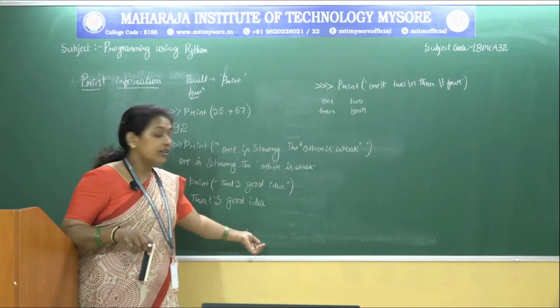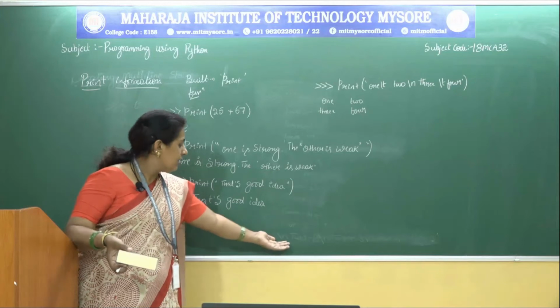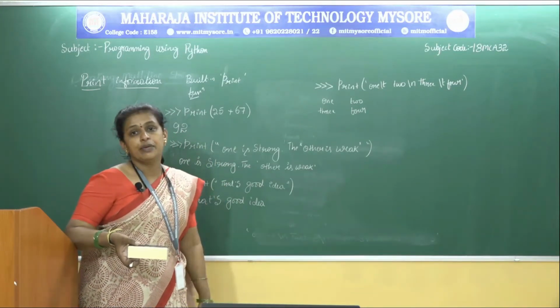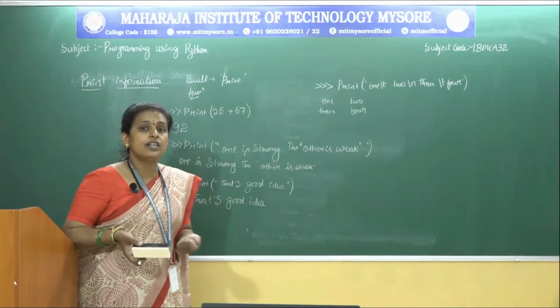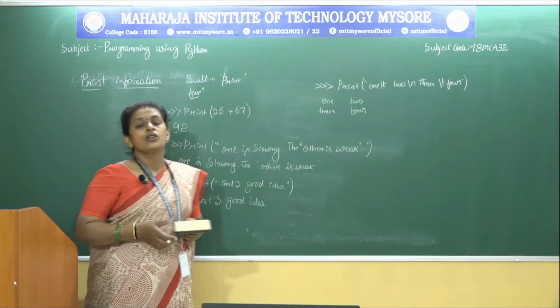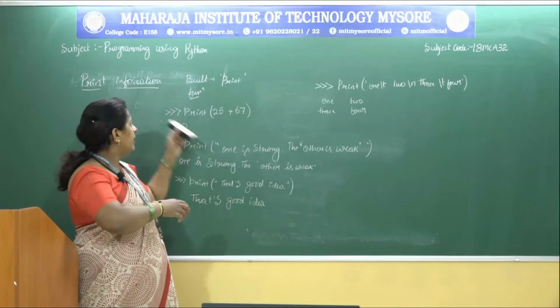So here we are not going to print the values of slash n and slash t, but when we are using the print statement, it gives the values of the escape sequences. Understood?